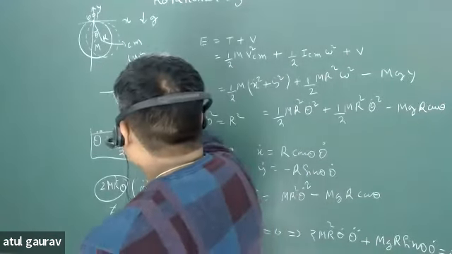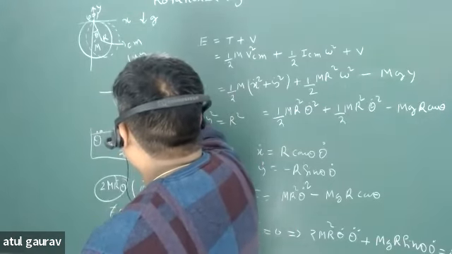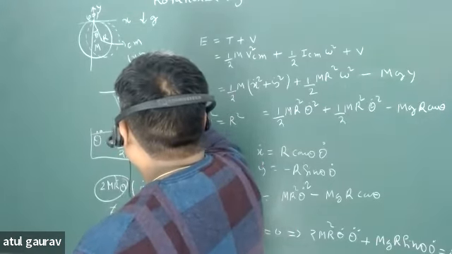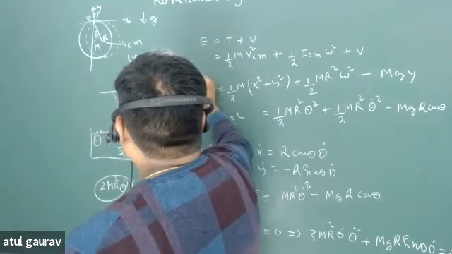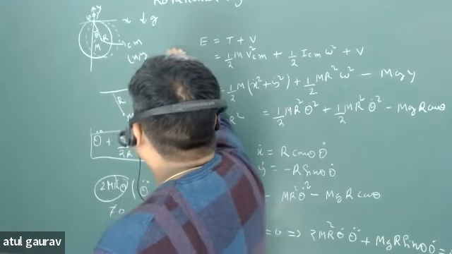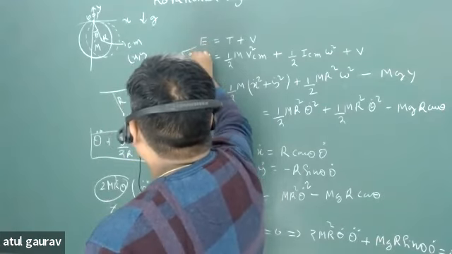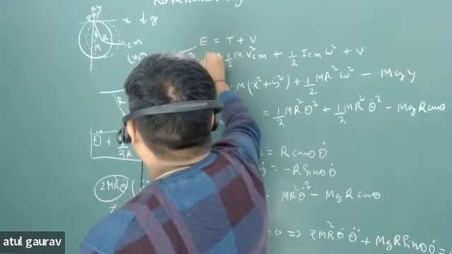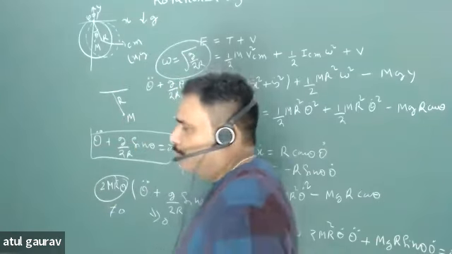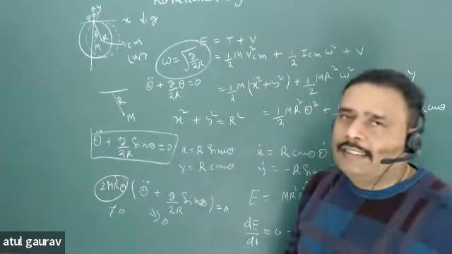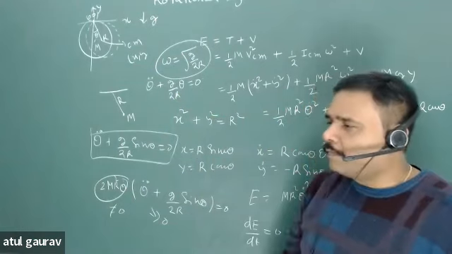And for the small angle, you can write theta double dot plus g upon 2r theta must be equal to 0. So what will be the value of omega, the angular frequency for the small oscillation? Root under g upon 2r. Okay. Simple problem, straightforward problem, but each and every concept is there.